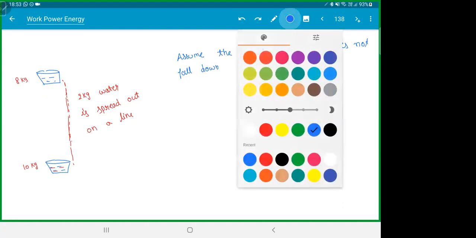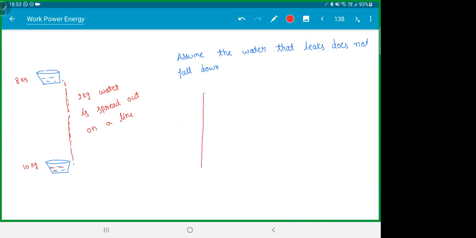So what we can do here for this thing, and this is 10 meter long, we can always take the average. We can assume as if this entire mass of 2 kg is placed at a height of 5 meters. And the potential energy of this leaked water will be 2g into h.